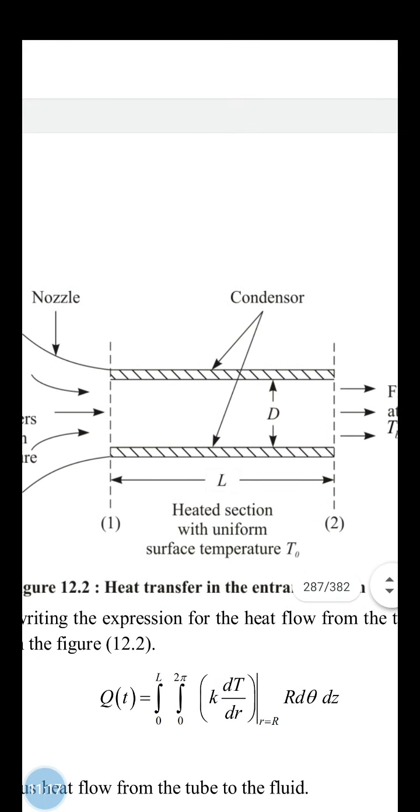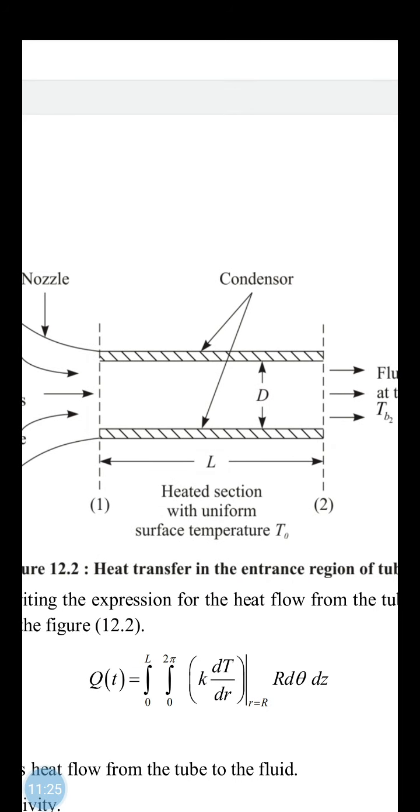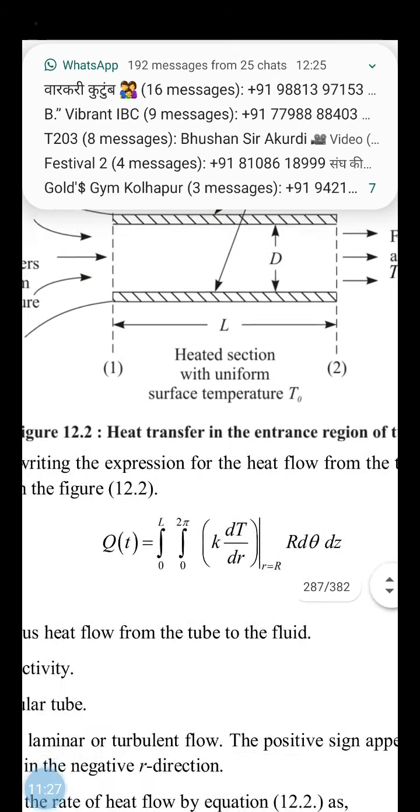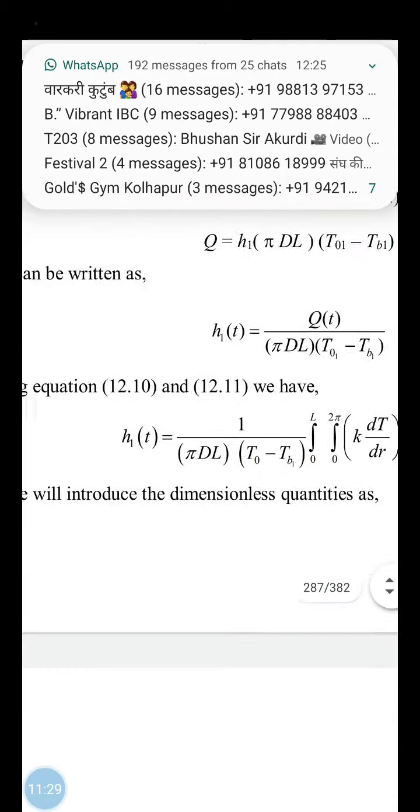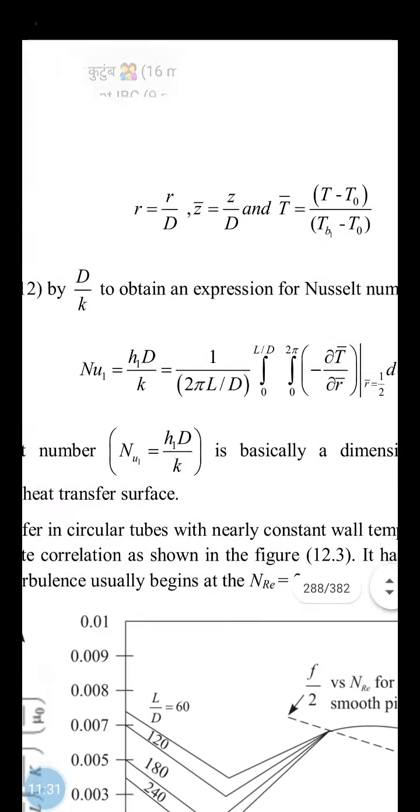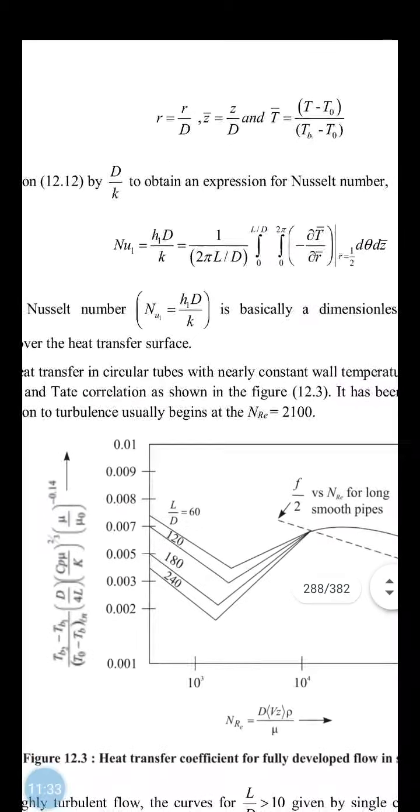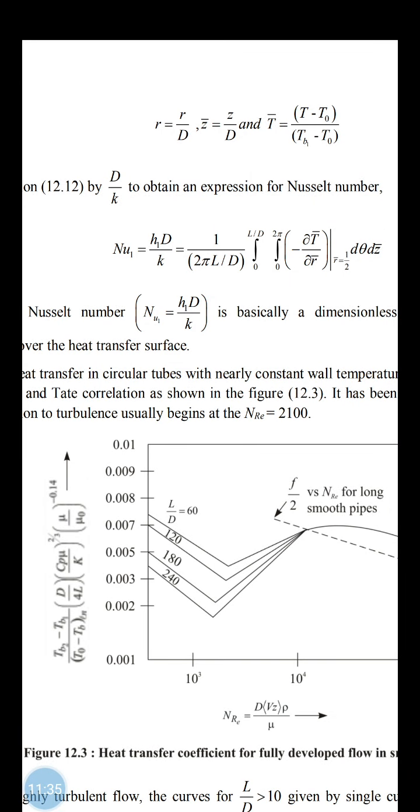One more important equation to find. This heated section with uniform surface temperature T naught can be used to define that equation. That equation can also be written in terms of a graph. Generally problems are asked based upon this big equation.